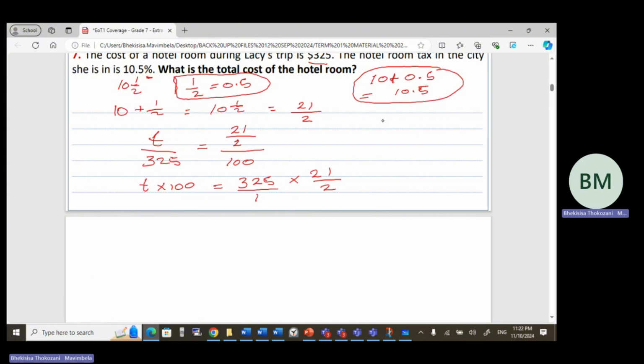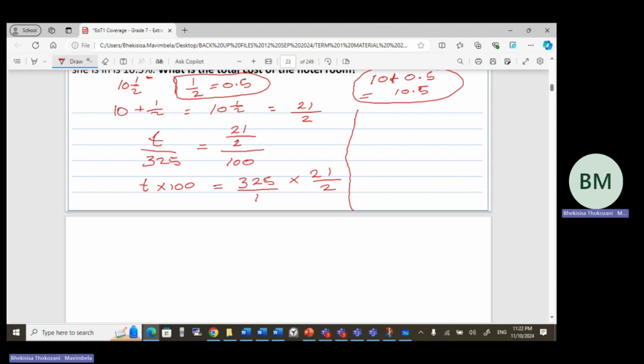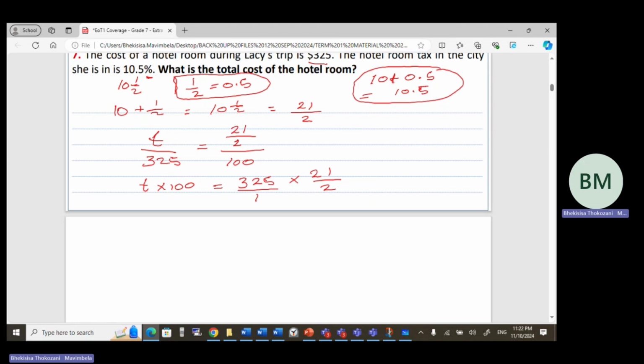So I think we can make some notes here again. Let's deal with this 325. I think we can simplify this. Let's simplify these numbers here. Try to simplify your numbers by all means if you can, because I think something can happen here.